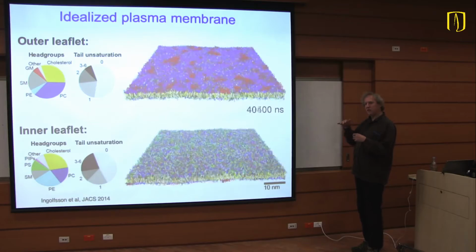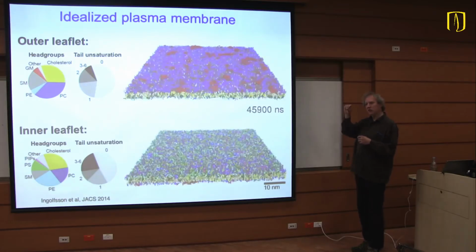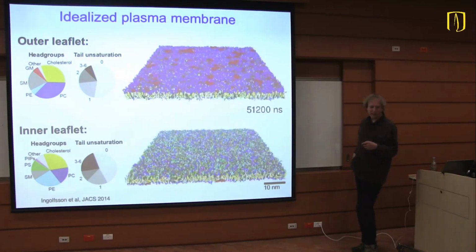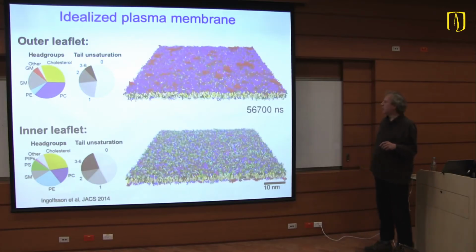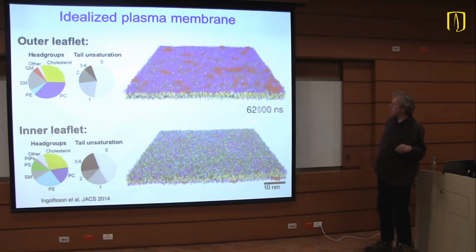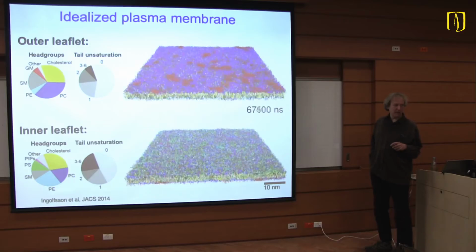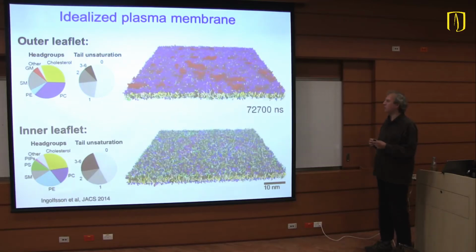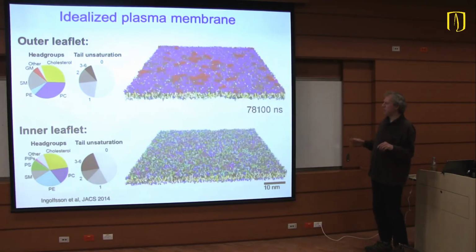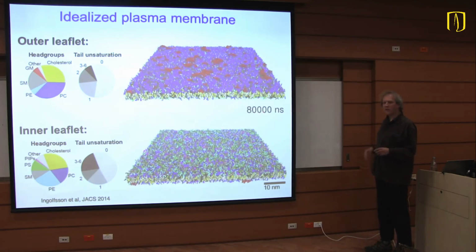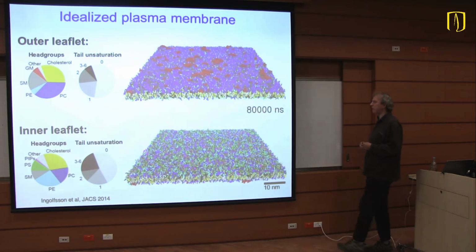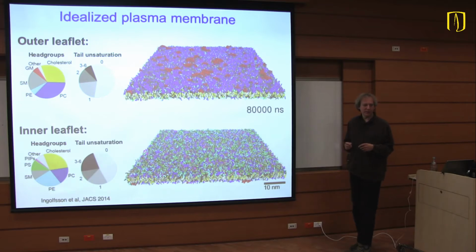The inside of the cell has a different lipid composition than the leaflet on the outside, and that's also captured by this model. And now we can do simulations not of 2 microseconds, but of the order of 100 microseconds. So we're using the faster speed of Martini to go both from 2 microseconds to 100 microseconds, or 80, and we go from a few hundred lipids to thousands of lipids.